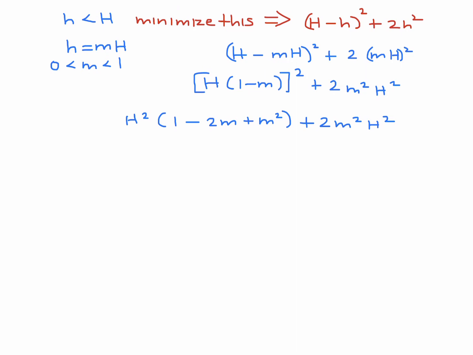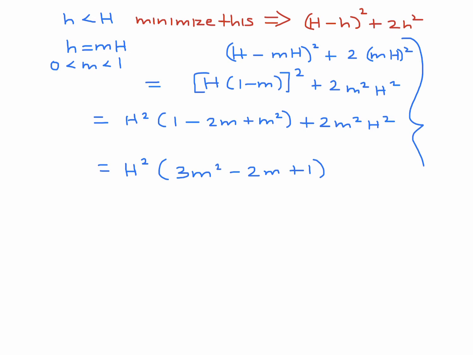So far so good. And now we can factor out the H squared from everything, and we'll get something in terms of just m, and that is going to be, if you add like terms, 3m squared minus 2m plus 1.